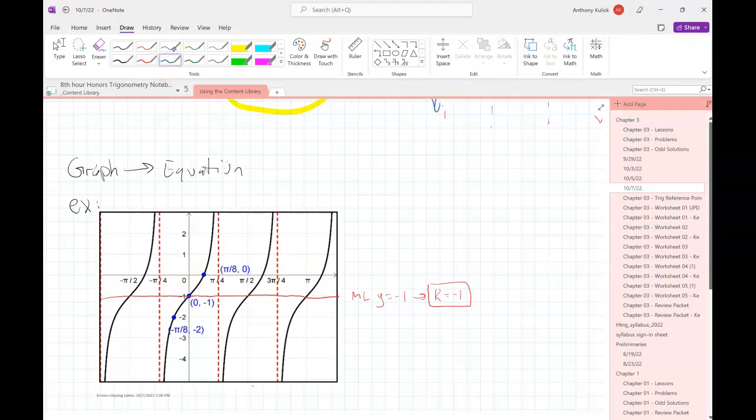The next thing we'll look for is the amplitude, or the thing that kind of acts like the amplitude. So that's going to be looking at the distance between this point that's midway between the midline point and the asymptote, and looking at that distance back to the midline. How far is that? 1 unit. So that tells me a is 1 or -1.